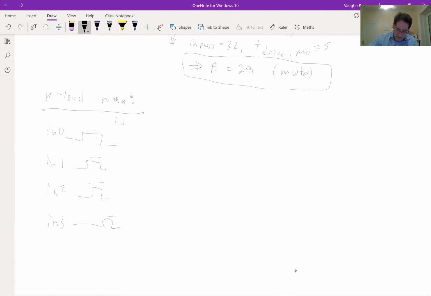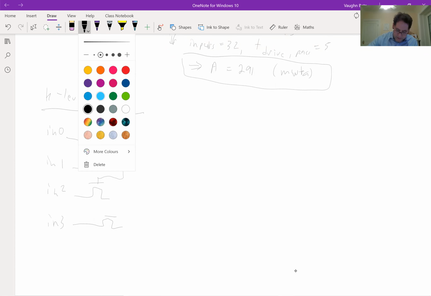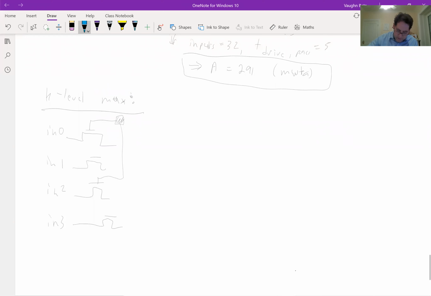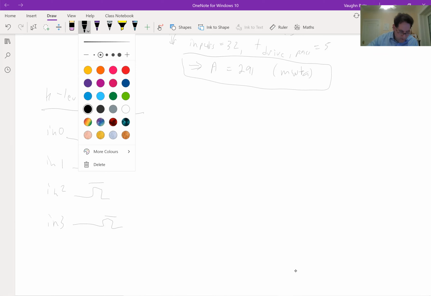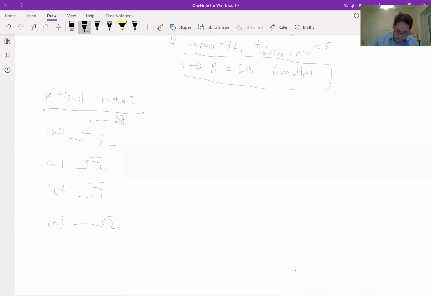And I basically have an SRAM cell here that will turn on that cell and that cell. Let me change my color. Actually I shouldn't have drawn this way. Let me erase that. Okay, so let's say I can come off the true side of the SRAM and control 2 of these transistors.